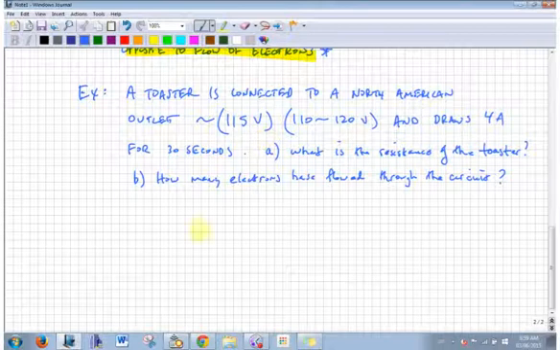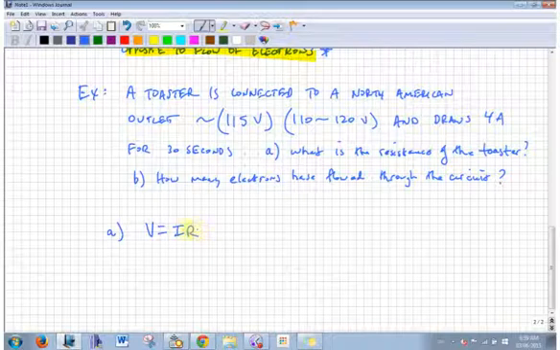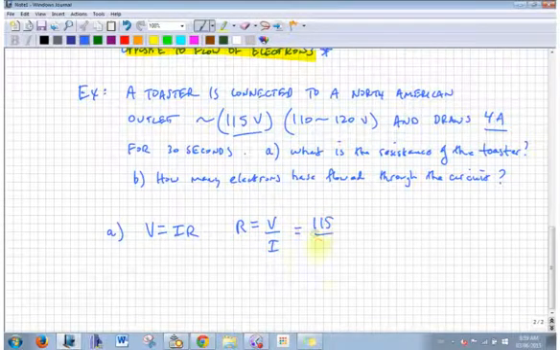Okay, what's the resistance? V is I, R. Do I know I? Yes, it's 4. Do I know V? Yeah, it's 115. So R is V over I, which is 115 over 4, which is 28.8. Did I show you the symbol for an ohm? I can't remember.